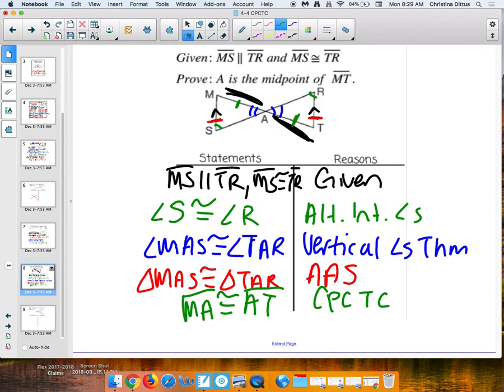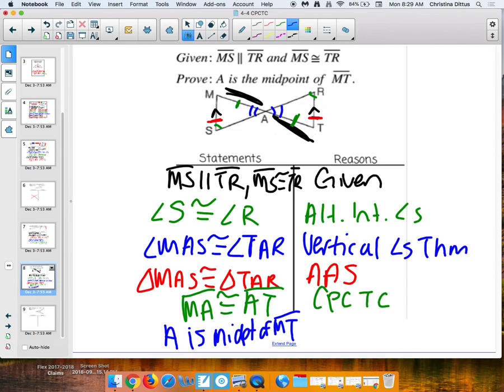Since these are congruent, I can say my prove part. If MA and AT are the same, it has to be true that A is the midpoint of MT. So kind of thinking backwards, if you were given this and said this, what was your reasoning why you said that?